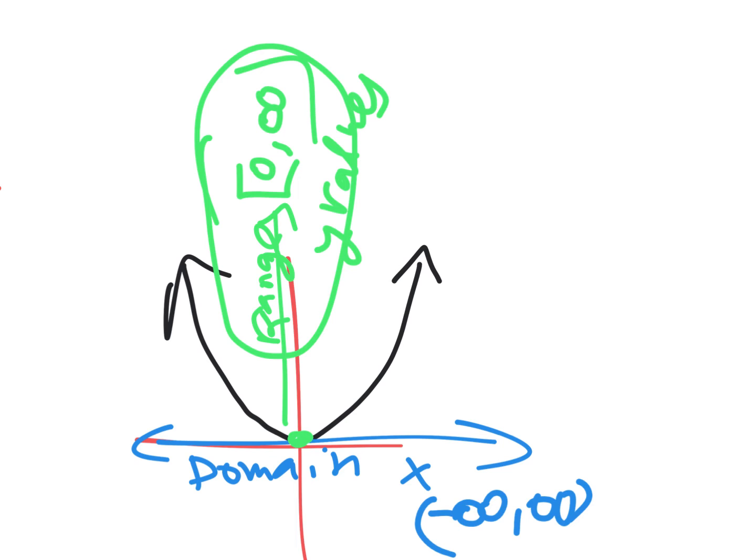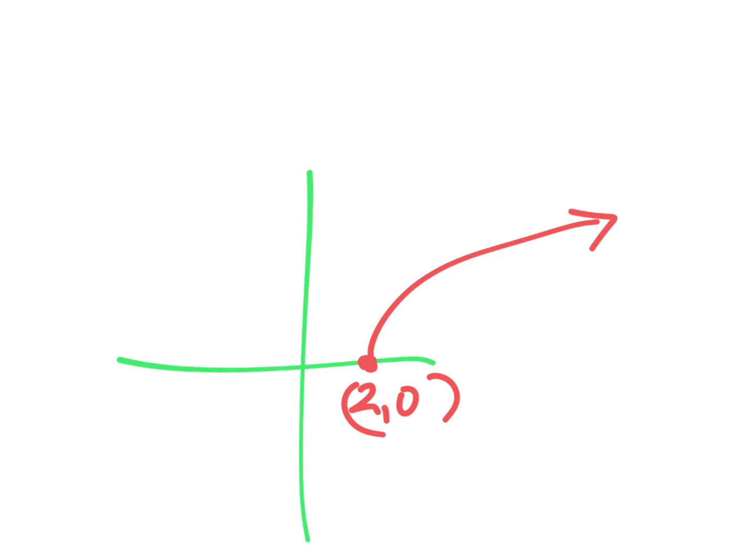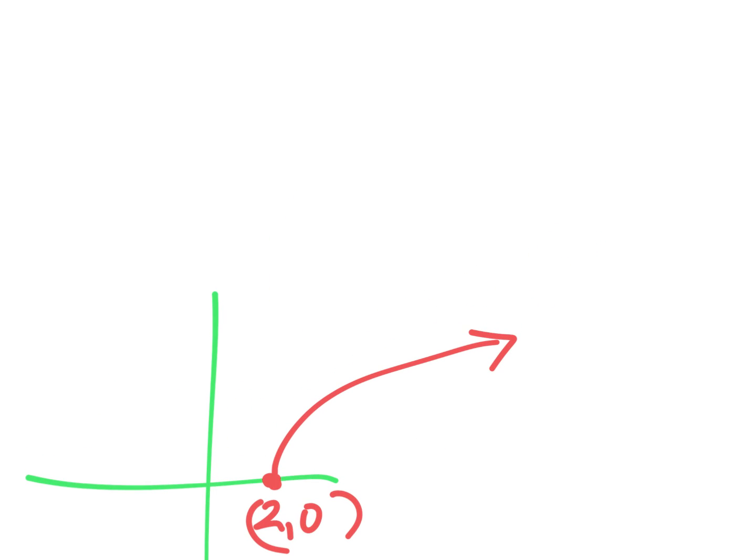All right, if you're really getting this well, you'd be able to answer this question. If that spot right there is at 2, 0, and this is the square root function, can you tell me the domain and the range?